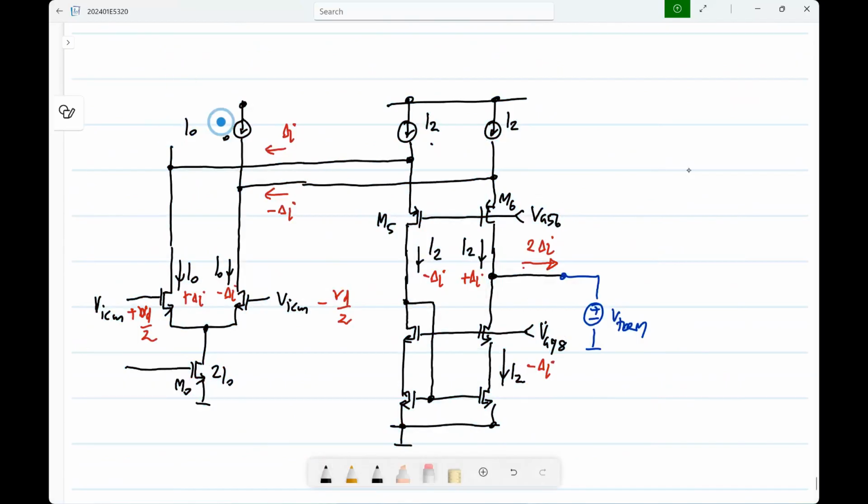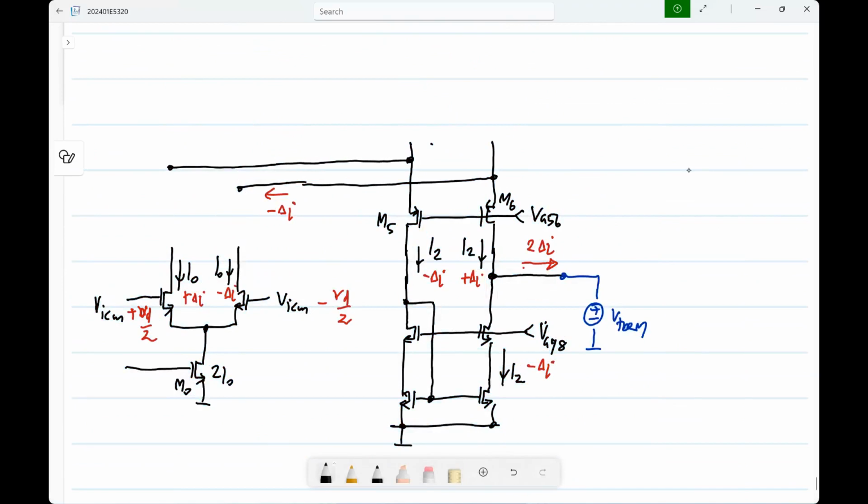So I will remove these lines and then show it. So this is also from some current mirror, and I'll call this M9, M10, and the bias current in this must be I0 plus I2.